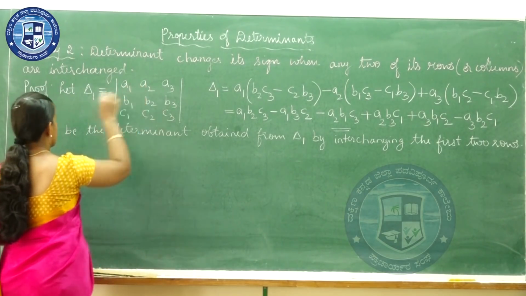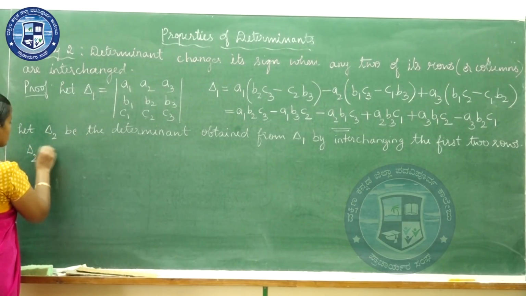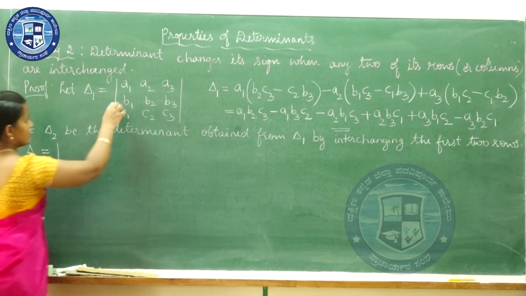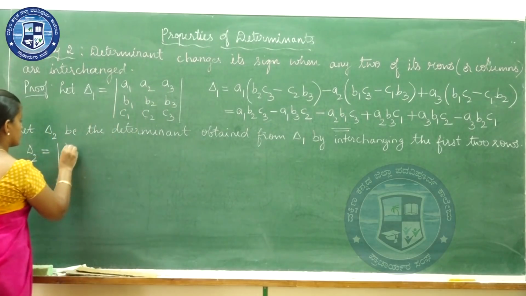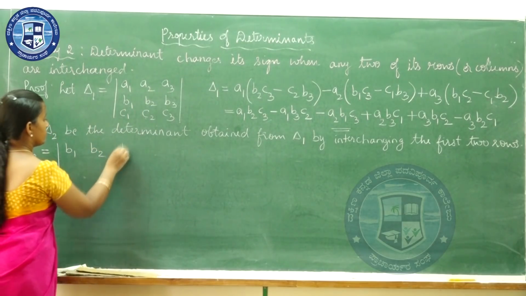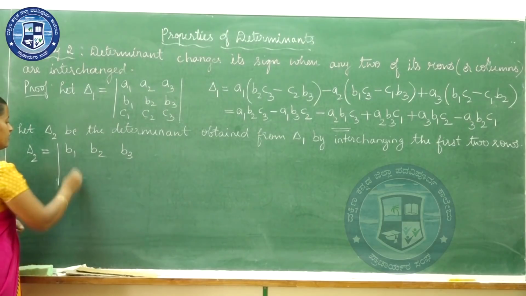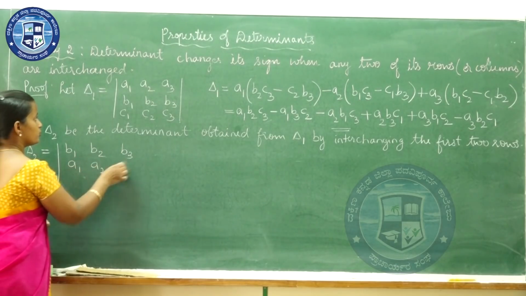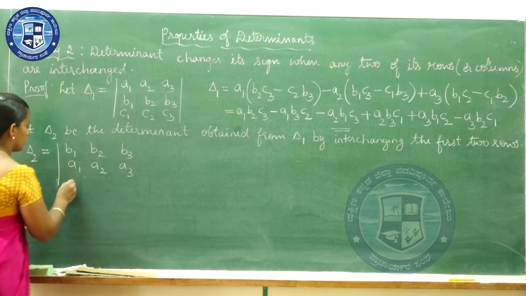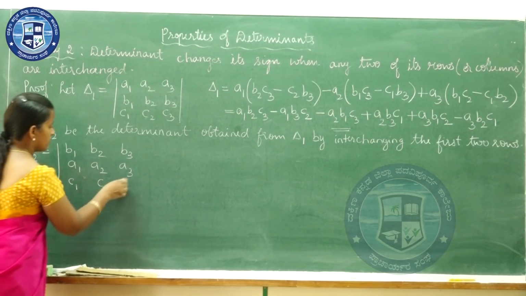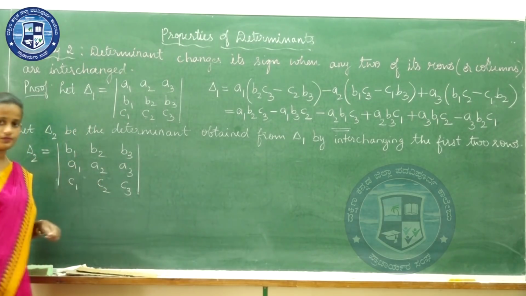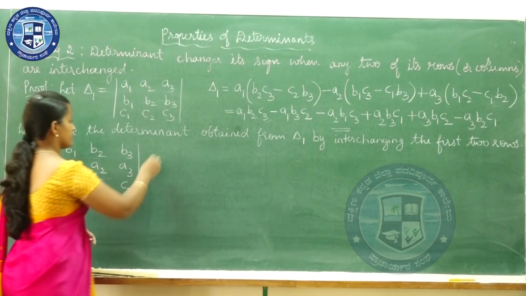We need to interchange the first two rows now. So delta 2 is equal to, the second row I will write as the first row. So B1, B2, B3, A1, A2, A3, and the third row as it is, C1, C2, C3. Now let us expand this.